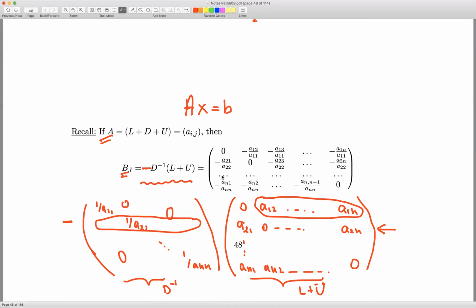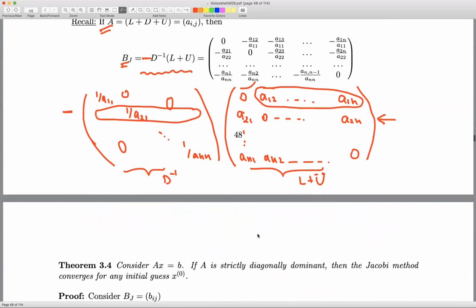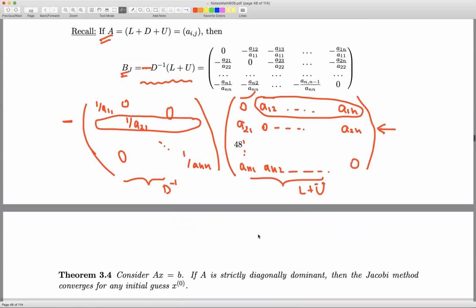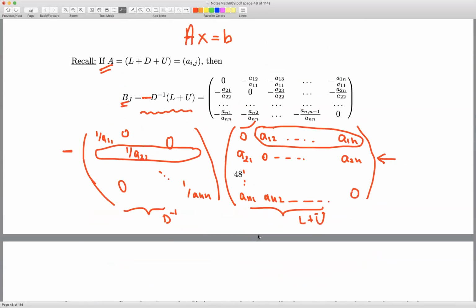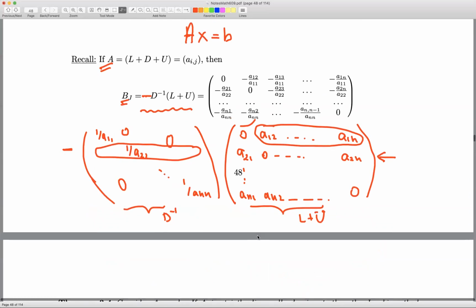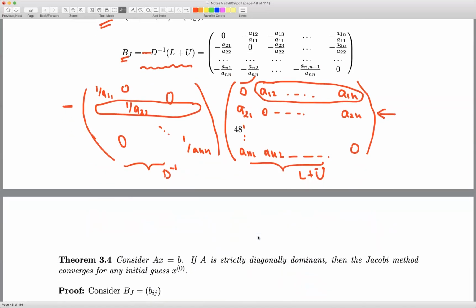In the recursive relationship, you implicitly use the matrix Bj, but you almost never, except for theoretical purposes, write it in this form. So this is what the matrix Bj is, and we will use how the matrix Bj looks in order to prove the following theorem.